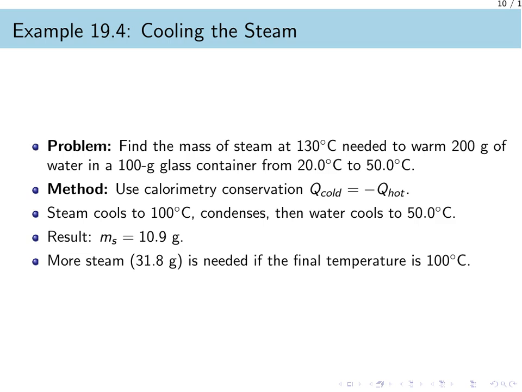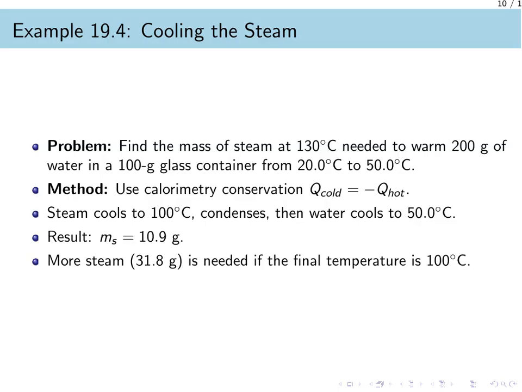Let us look at a calorimetry example, where we find the mass of steam at 130 degrees needed to warm 200 grams of water in a glass container from 20 degrees to 50 degrees. We use the principle of conservation of energy, where the energy gained by the cold water and glass equals the negative of the energy lost by the hot steam.